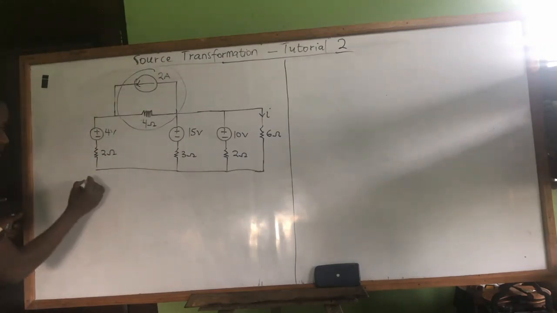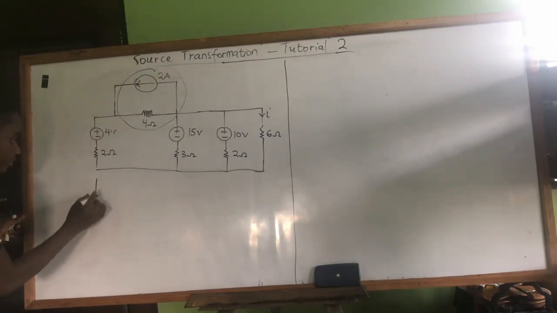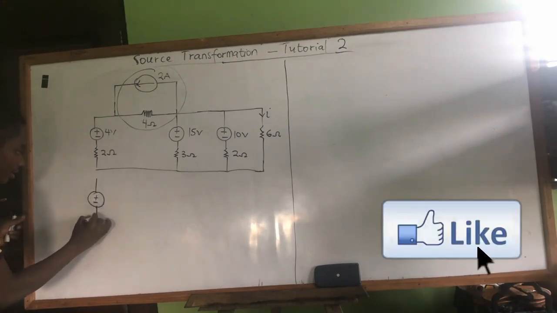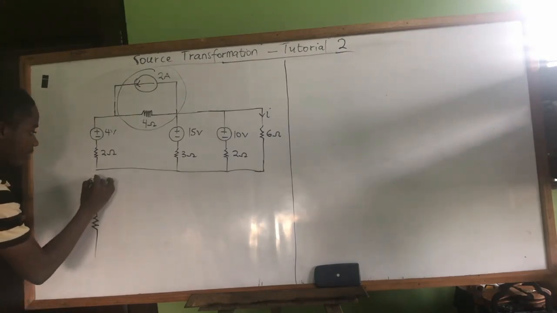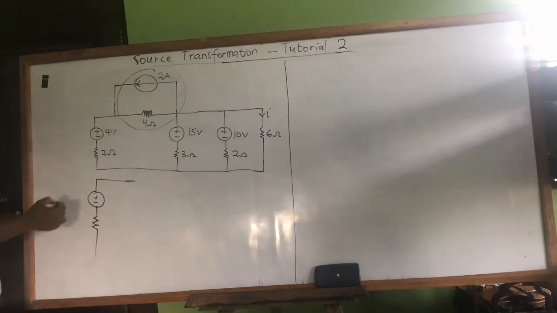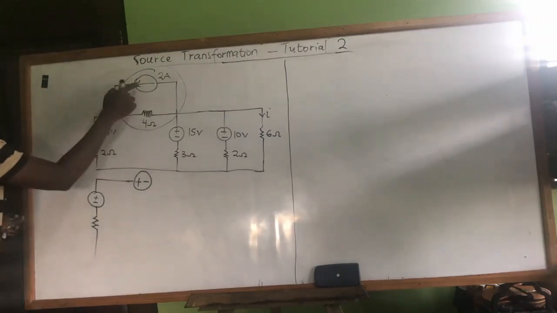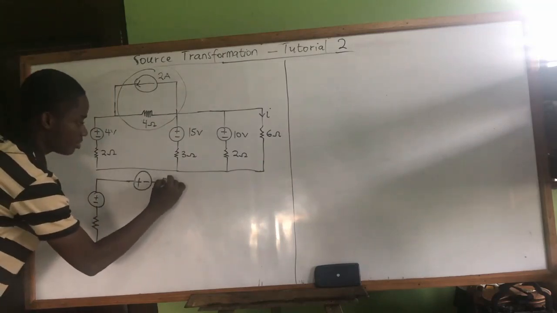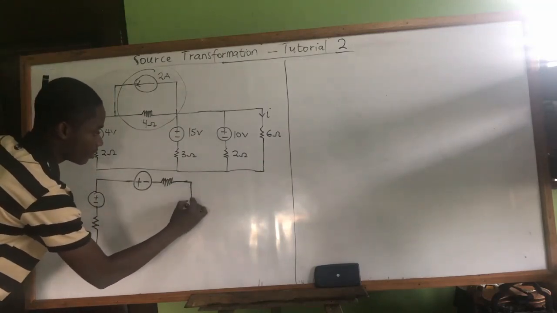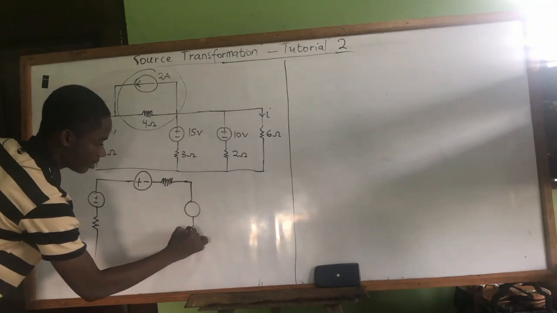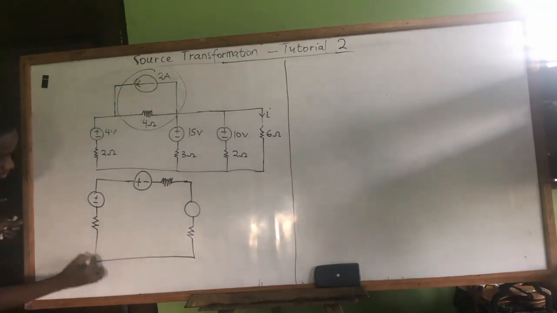So let's maintain the rest of the elements. We have a voltage here in series with this. So if we are converting this, our voltage polarity will be plus minus. Then that voltage will be in series with the 4. So I have this there. This one is here.